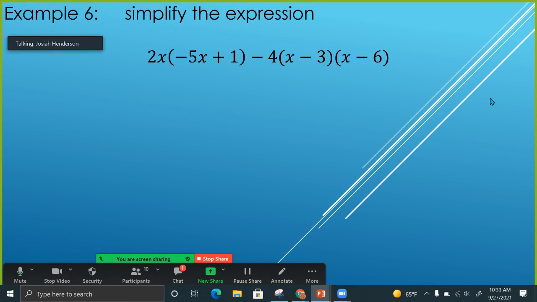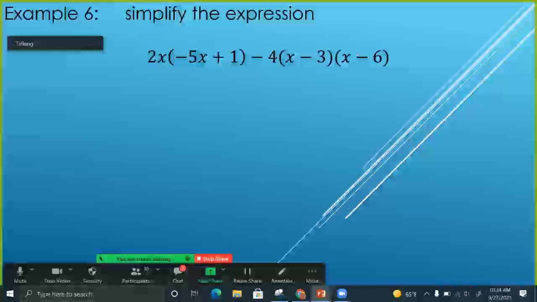All right, take a moment and copy this down. 2x times negative 5x plus 1. Okay, then minus 4 times x minus 3 times x minus 6. So this starts off as like two different big multiplications.